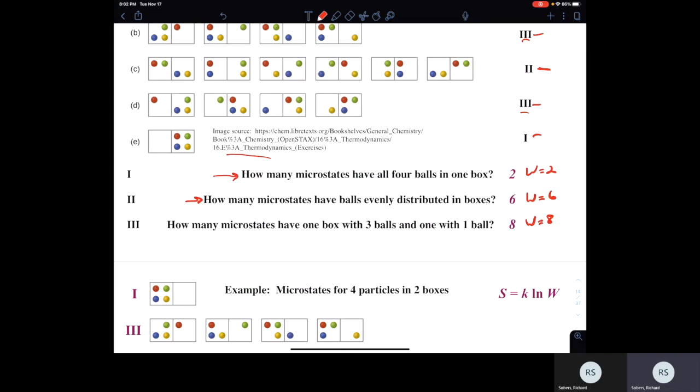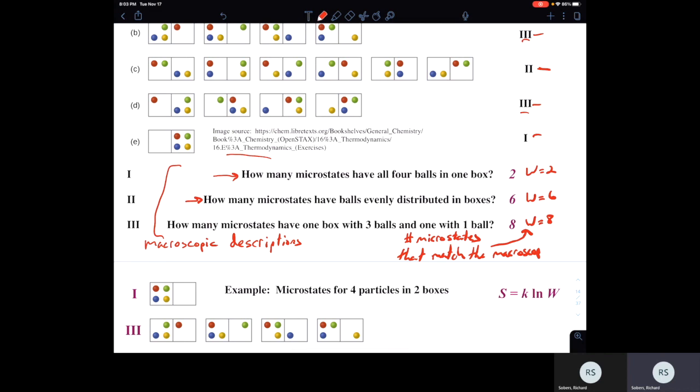So these are macroscopic descriptions. And these W are the number of microstates that match the macroscopic description.